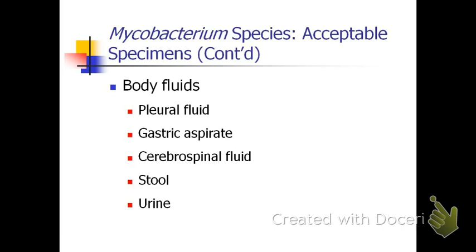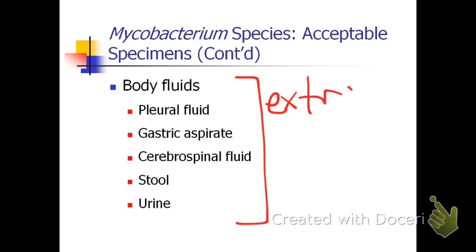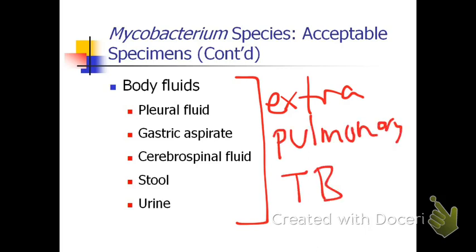Body fluids could also be acceptable specimens, such as the pleural fluid, gastric aspirate, the CSF, stool, and urine. So most of the time, if a person is suspected to have extrapulmonary tuberculosis, these specimens would also be very ideal.